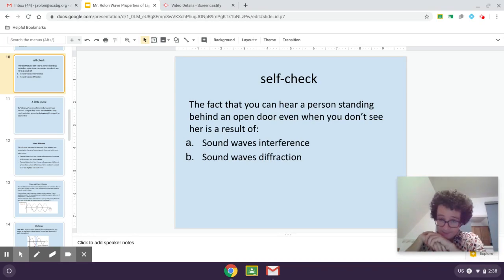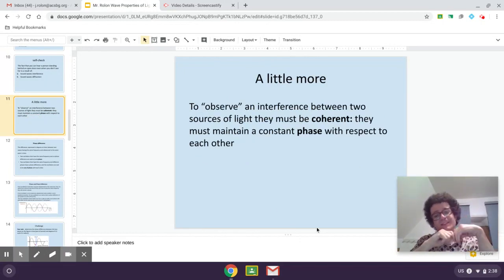But first, to observe interference, we need some conditions. And that is that two sources of light must be coherent. We want two sources of light to have interference with each other, and for that they have to be coherent.